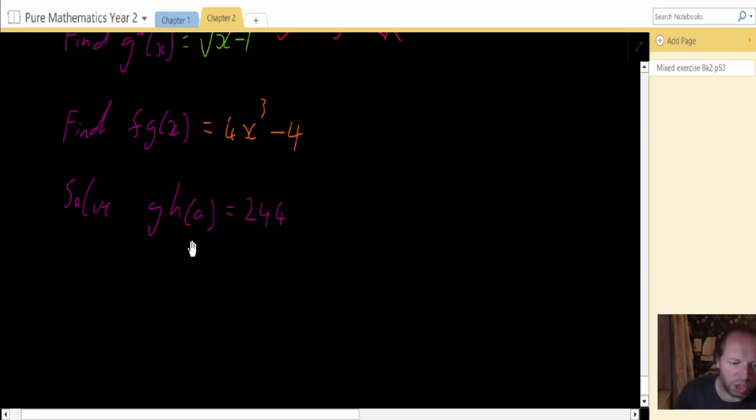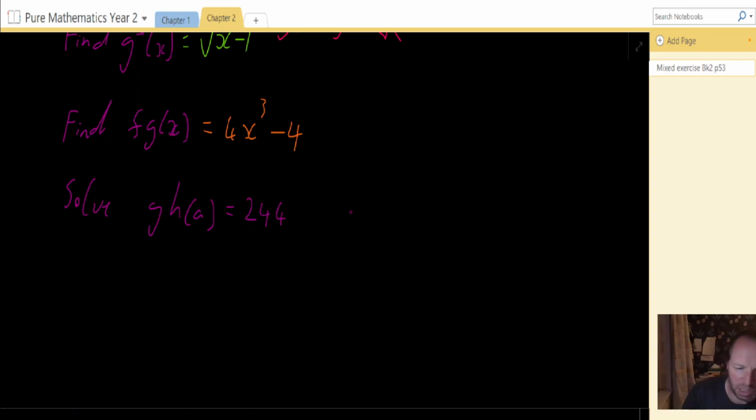And now g of h of a equals 244, solve it. Since g of x is equal to x cubed plus 1, and h of x is equal to, what was that one equal to?